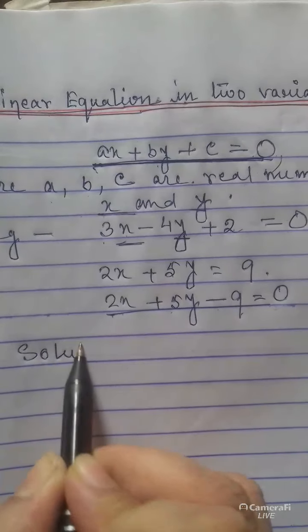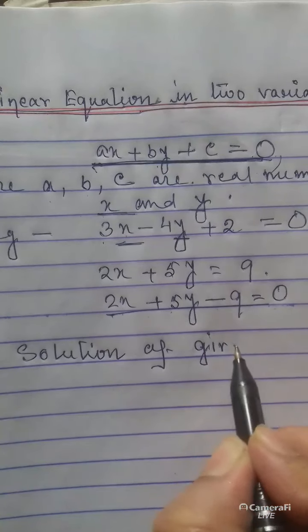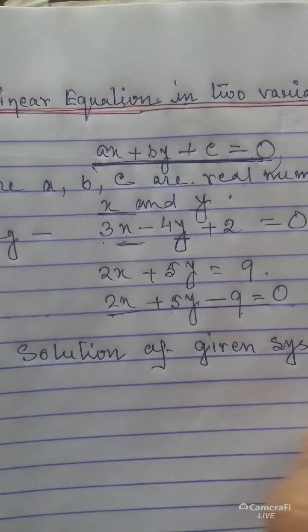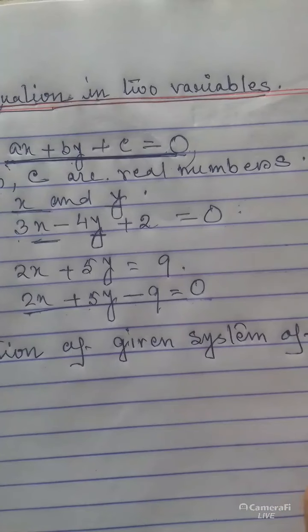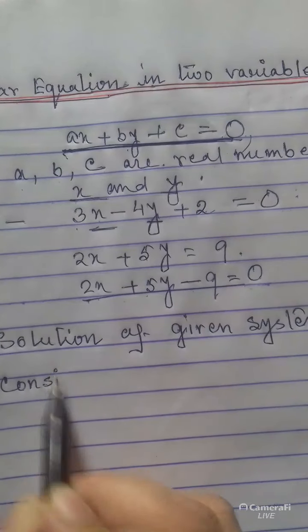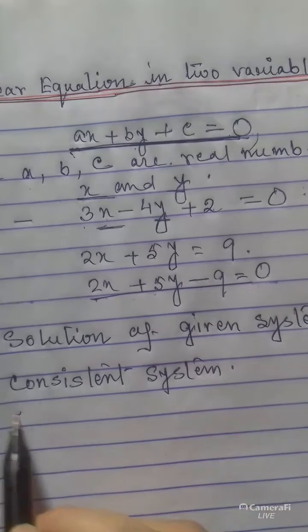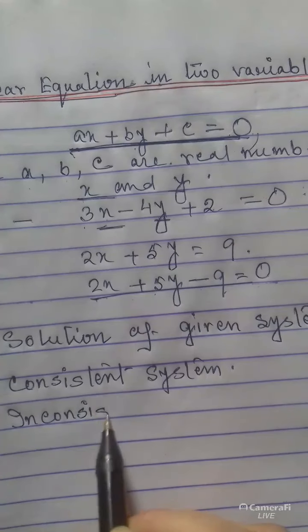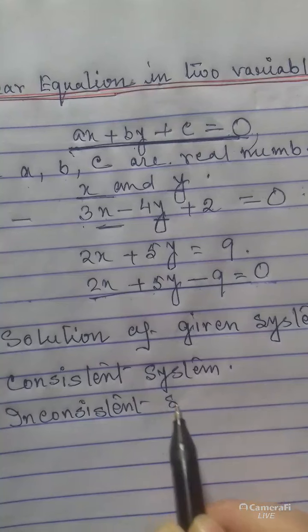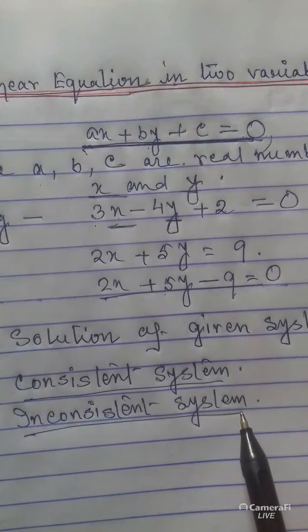There are two kinds of system: consistent system and inconsistent system. What do you mean by consistent system of linear equation?